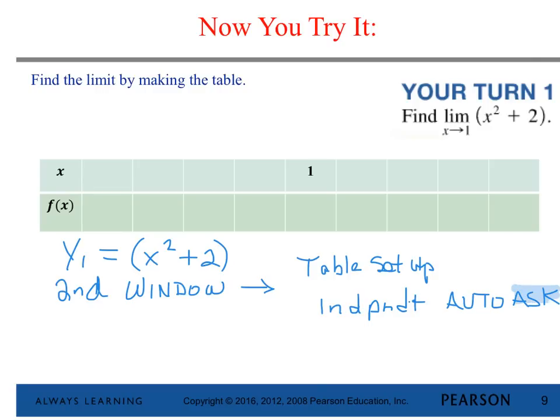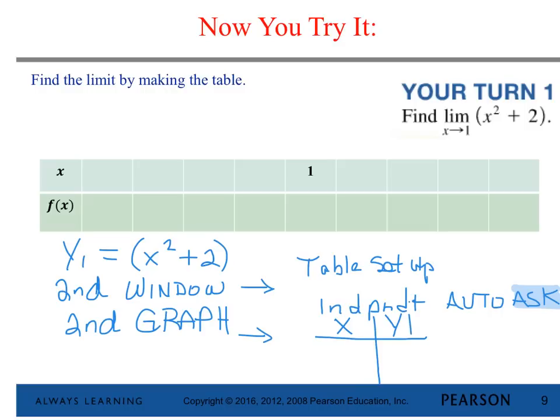And then from there, I want you to press second and graph, which will take you to a table in your calculator where you're putting in X, and there will be a heading on the next column called Y1.